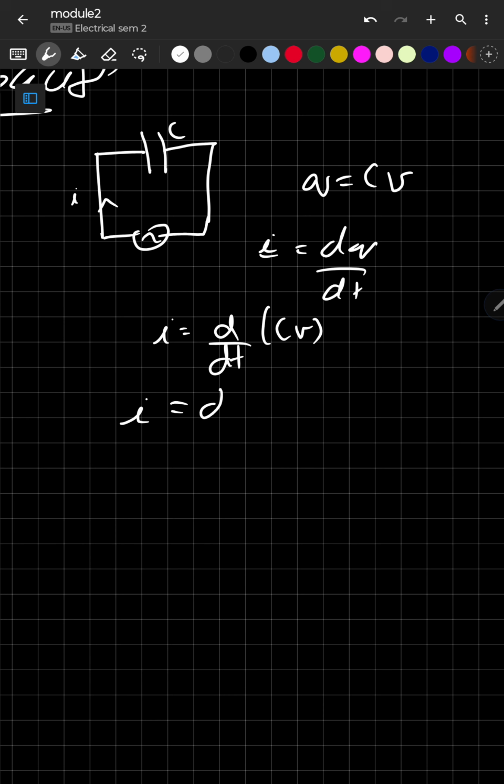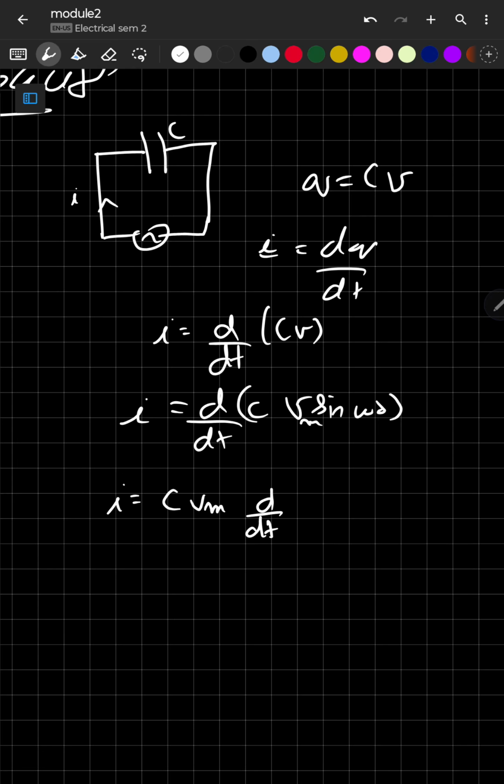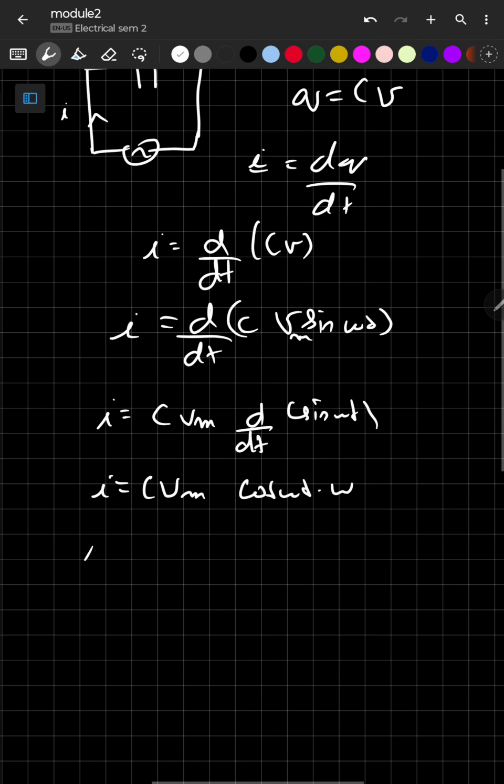So i equals d by dt of C into V sin omega t. V equals Vm sin omega t, my bad. So i equals C Vm d by dt of sin omega t. So i equals C Vm cos omega t into omega. It's differentiation. So i equals Vm C omega cos omega t.